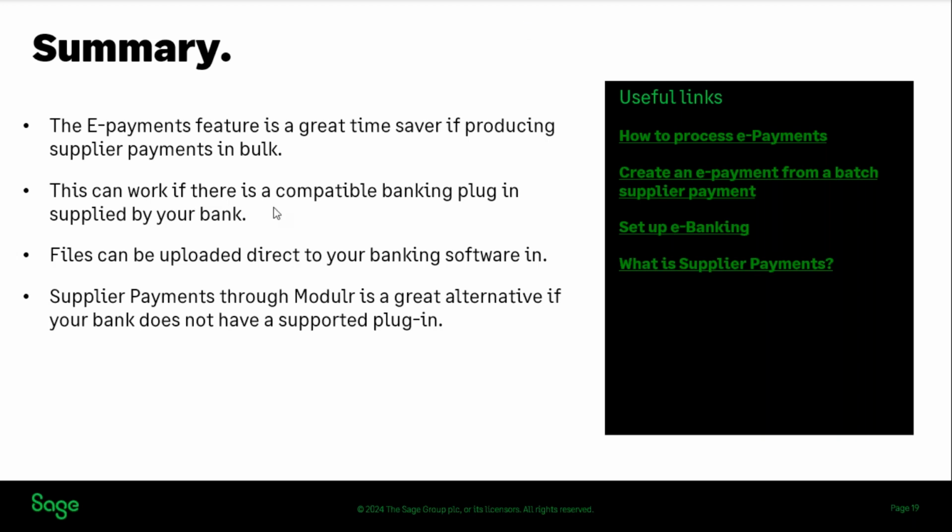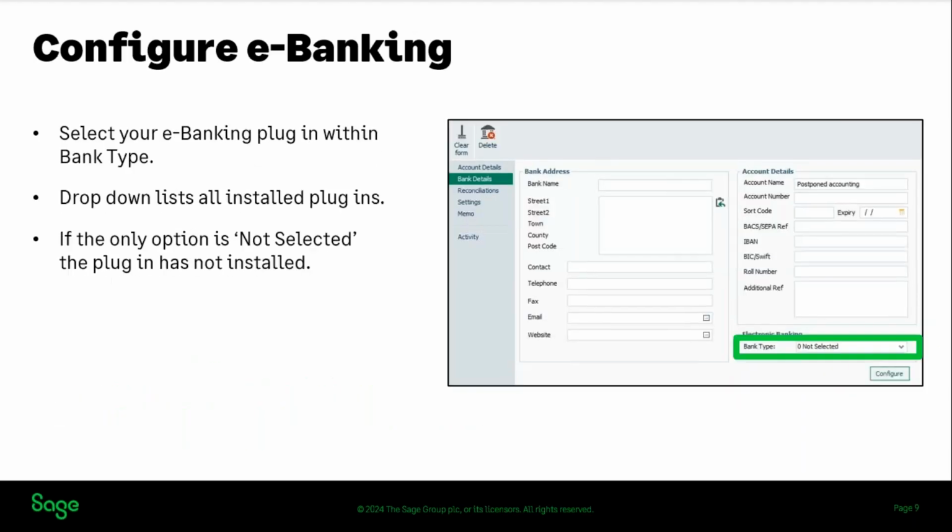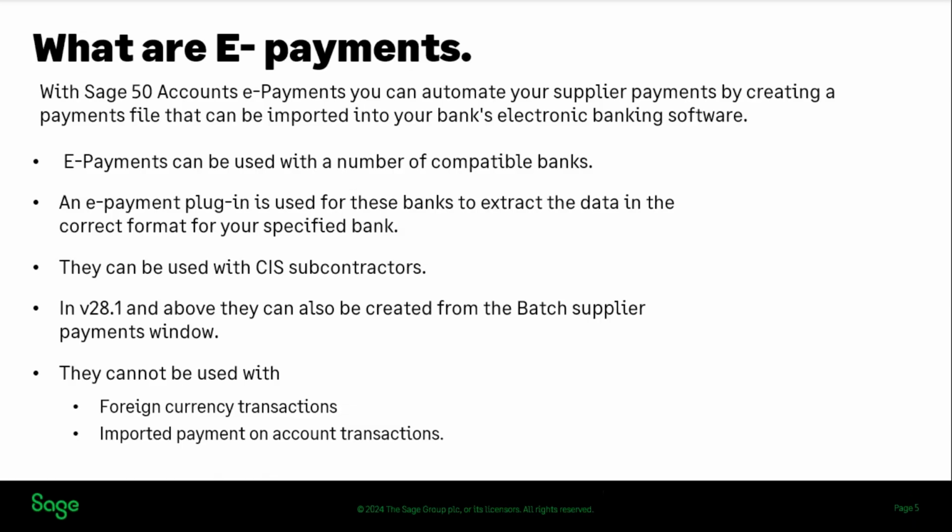So right at the very beginning, we talked about imported payments. And the question was, does this mean invoices marked as paid on auto entry? So the restriction there is, if I just go back to this one, imported payments on account transactions through the file import feature.